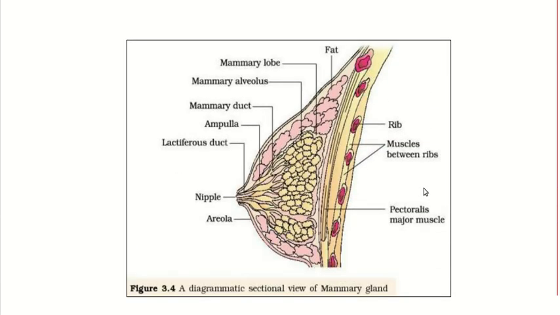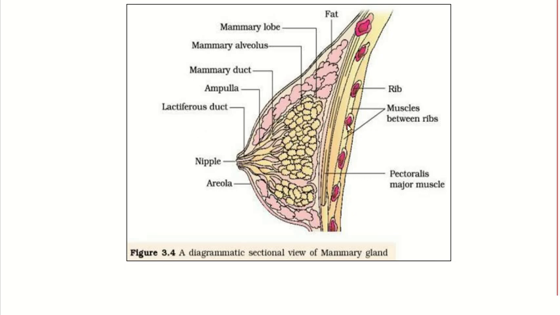The next diagram has been asked for 3 marks with description in the previous examination, that is March 2019. So you have to draw the diagram and mention the various parts of the mammary gland: the fat region, the mammary lobe, mammary alveolus, mammary duct, ampulla, lactiferous duct, and many of the lactiferous ducts fuse to form the nipple, areola.